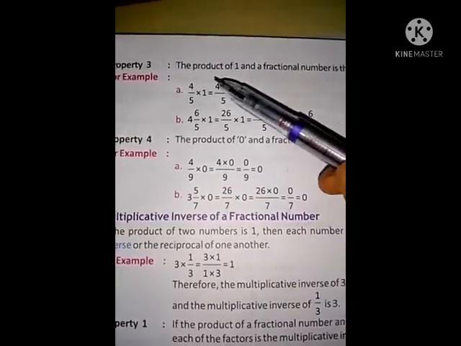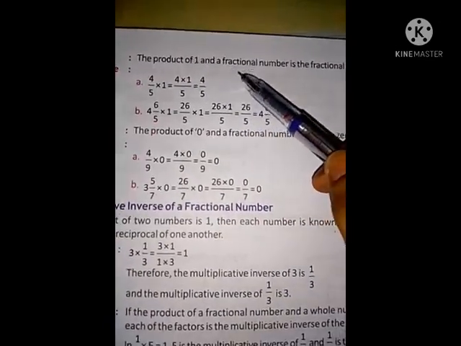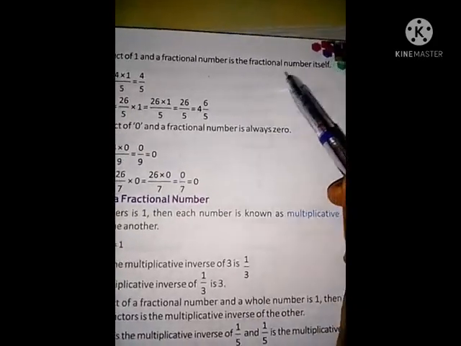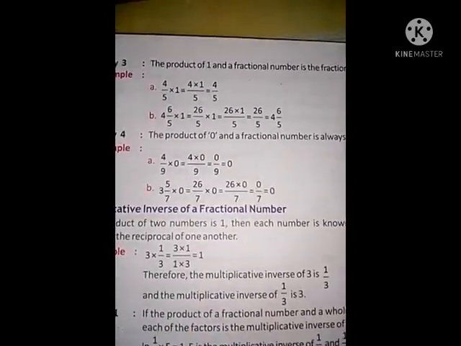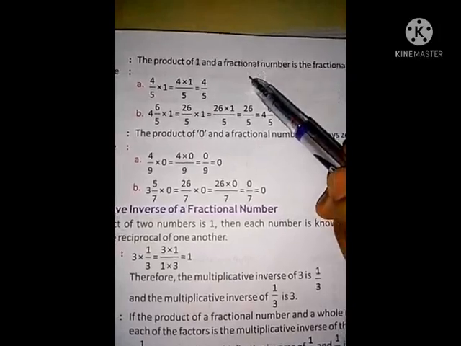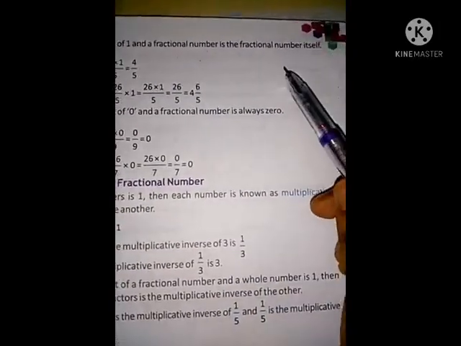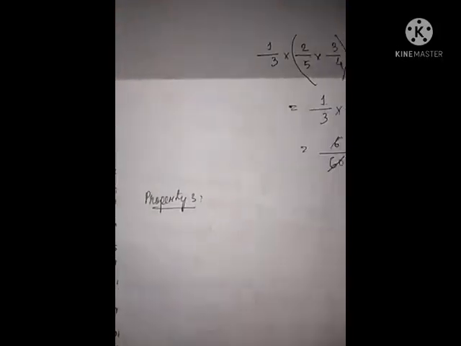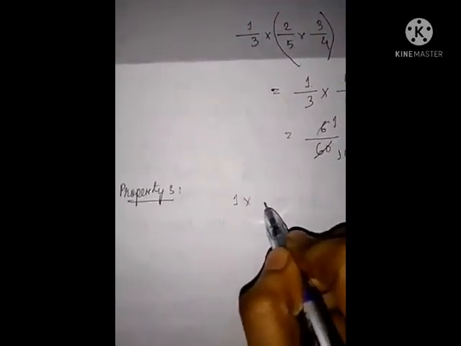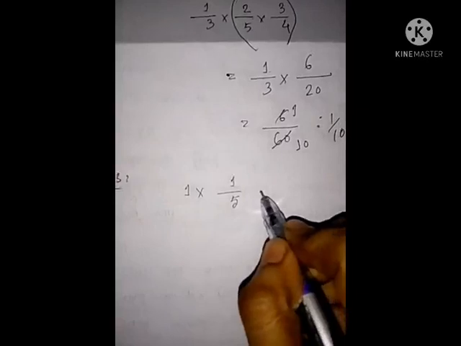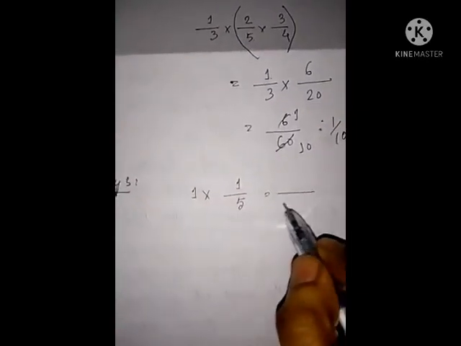Now see property 3. The product of 1 and a fractional number is the fractional number itself. If we multiply a fractional number by 1, then the product will be the fractional number itself. See, if we multiply 1 with 1 by 5, then the product will be 1 by 5.